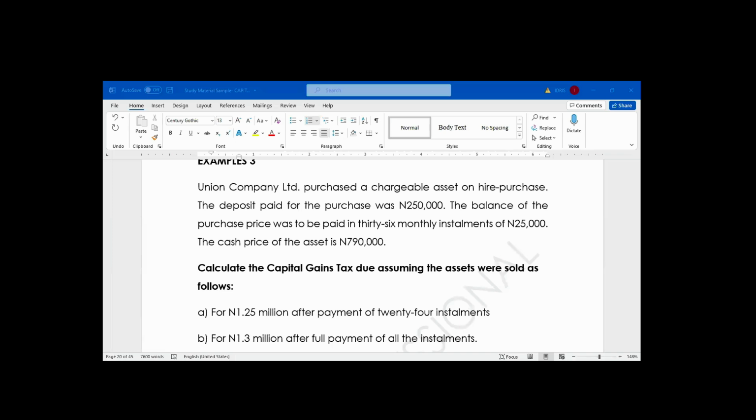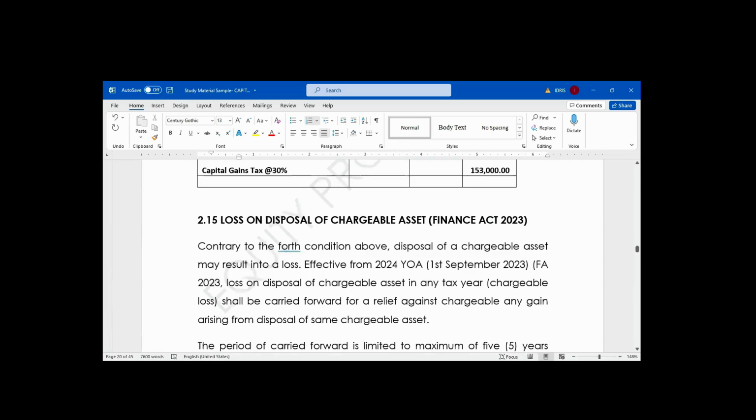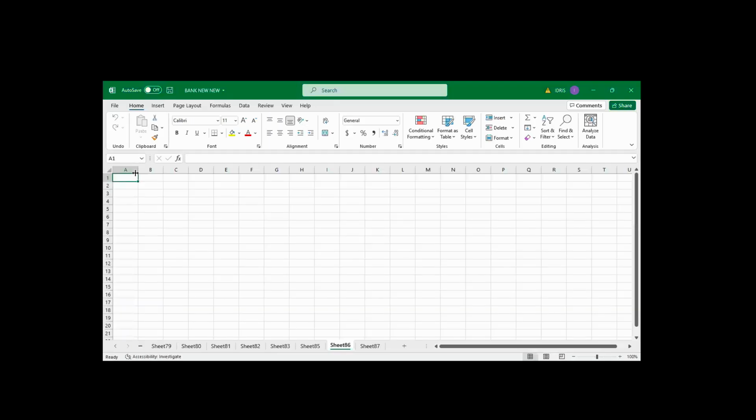It is 36. So the total interest that we get, we divide it by the number of installments. For better understanding, let me share an Excel template for us to calculate the interest element.